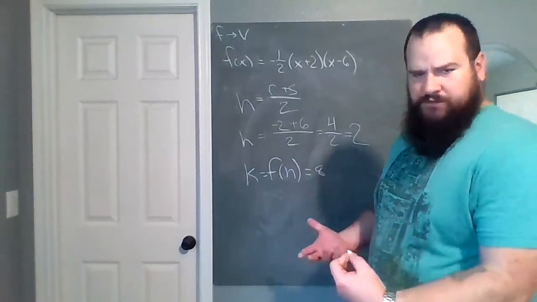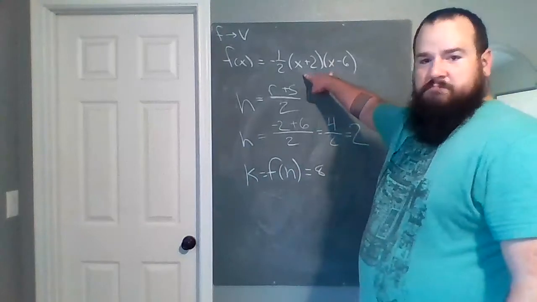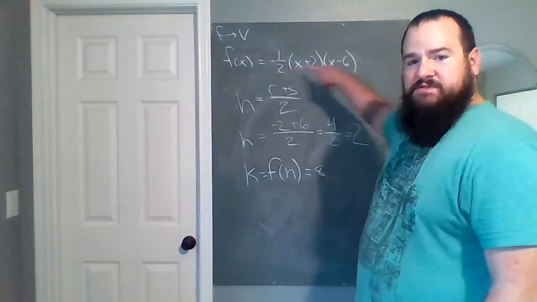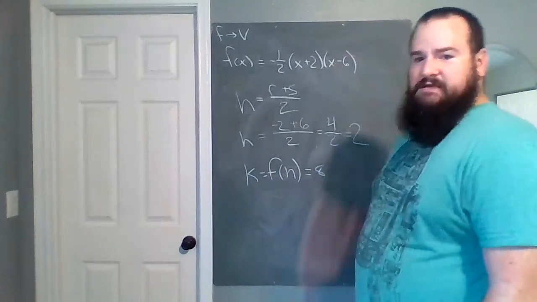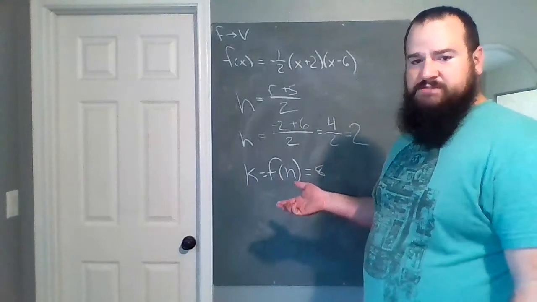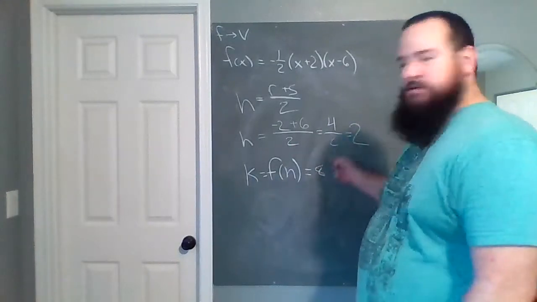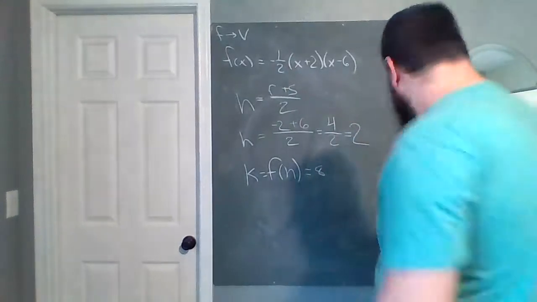But if you didn't know that already, plug this in on your home screen, or type this whole thing into your y equals and then use the table. There's lots of different ways to do this. Get that value and we know what our vertex form is. We've already written our vertex form down a couple times. We have our h, our k, and our a. Boom. Almost done with this video.